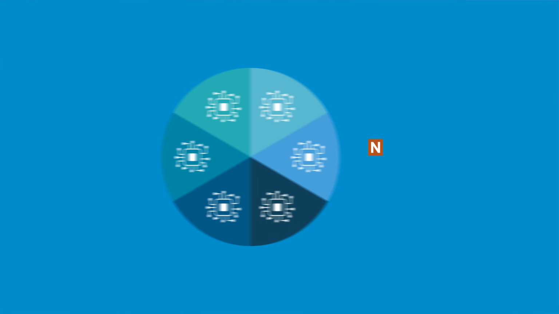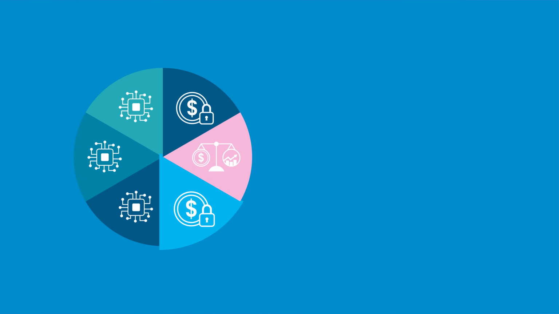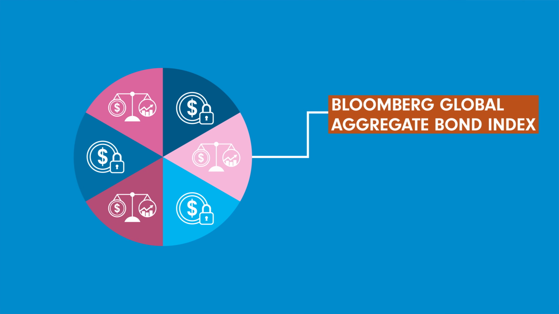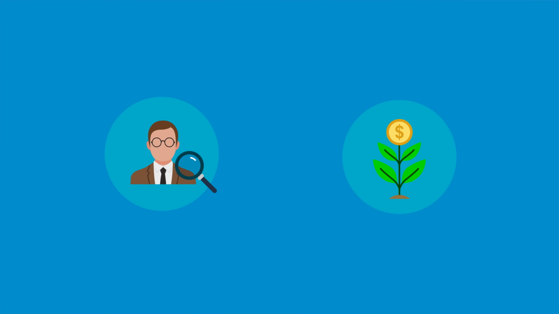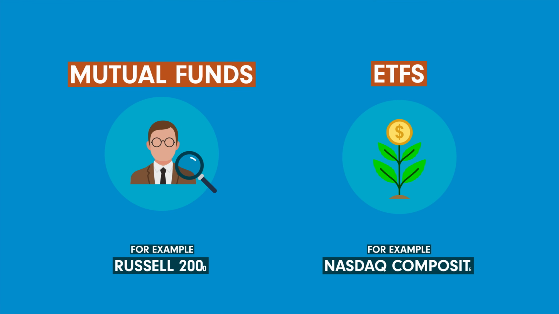For example, a tech-heavy portfolio might use the NASDAQ composite as a benchmark, while a balanced portfolio that is half fixed income, half equity may have a benchmark of 50% global aggregate bond and 50% S&P 500. Finding the right option may sound a bit daunting, but usually if you're investing in a mutual fund or ETF, it will typically already have a benchmark that it's managed to.